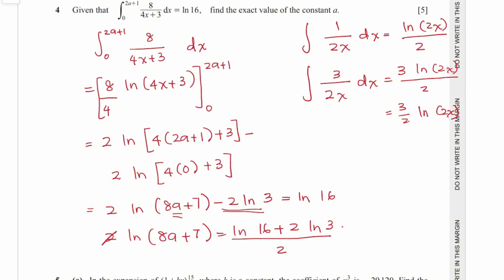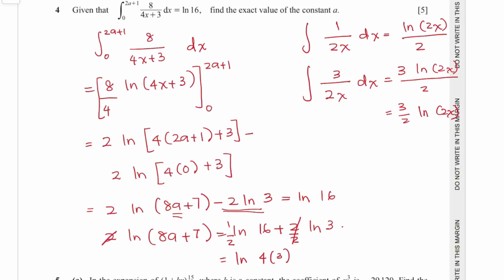As you have 2 at the denominator, this is basically the same as writing it half over 2, right? You can see that this one will be gone. Now half ln 16 is just the same as ln 16 to the power of half. 16 to the power of half is 4, which is equal to ln 4 plus ln 3, right?